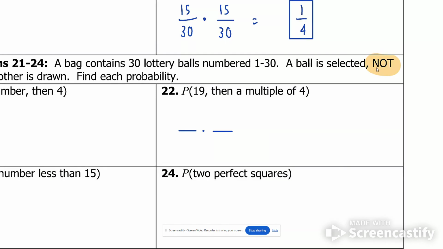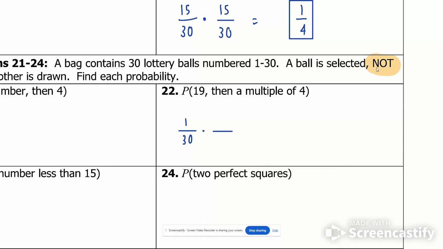Again, like the one above, 7, you only have 1 19 out of the 30 balls. Okay, the 30 lottery balls. And then a multiple of 4. Now think about this though, guys. I no longer have 30 balls in the bag because you drew one out. And if it just so happened to be a 19, great.